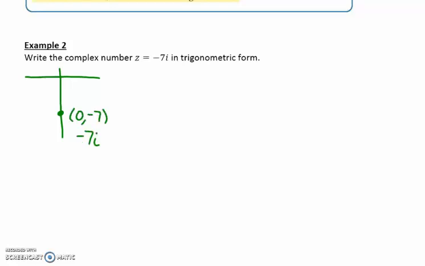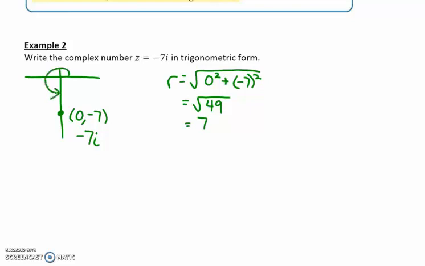All right. So then our r, remember, is the square root of the real number squared plus that imaginary number squared. Okay, so that's the square root of 49, which is 7. So r is 7. And then we also want to look at what is this angle here, and that's 270 degrees, or 3 pi over 2.